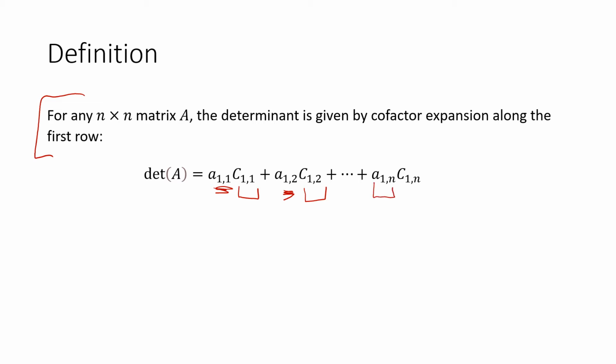It's the last number in that row times the cofactor when you take out the first row and the last column. That gives you the determinant of your bigger matrix.